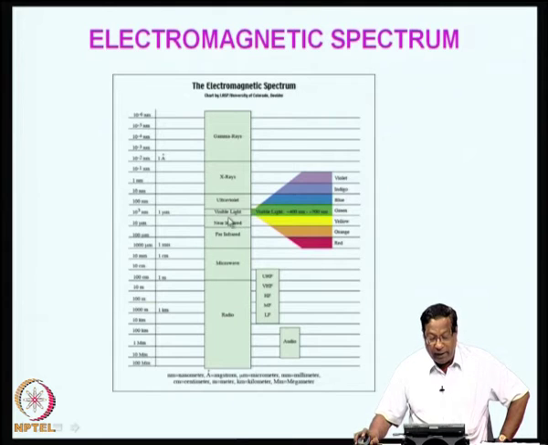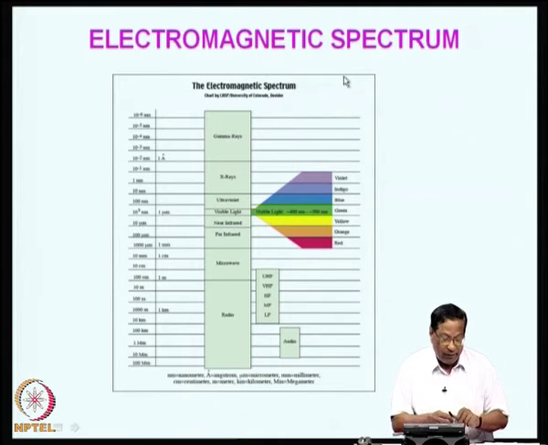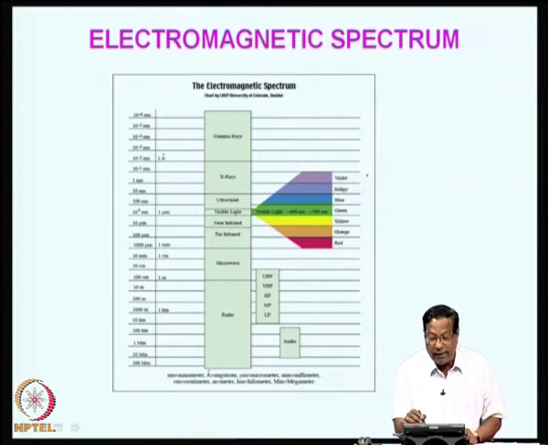You can see that visible light is only a very small portion of the whole electromagnetic range, and this is composed of 7 colors, that is violet, indigo, blue, green, yellow, orange and red.